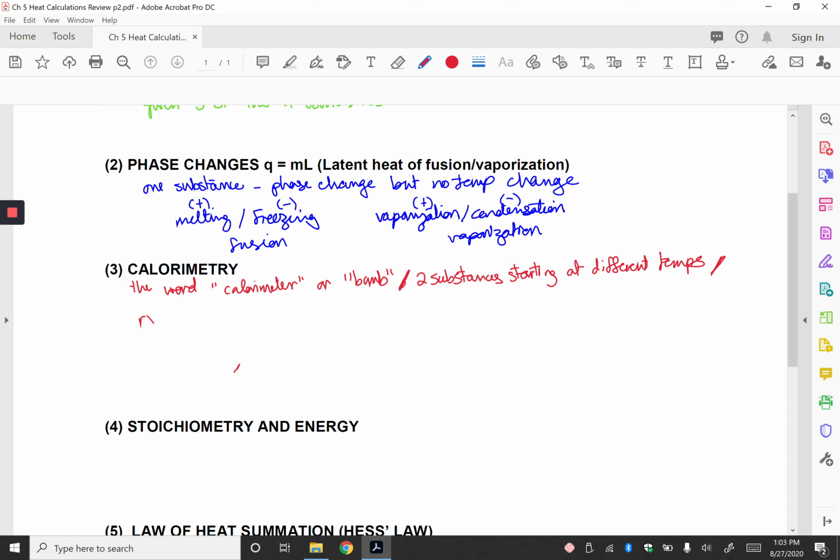So reaction in solution. Like for example, I'm taking magnesium and adding it to HCl solution or something like that. Or mixing of 2 solutions.